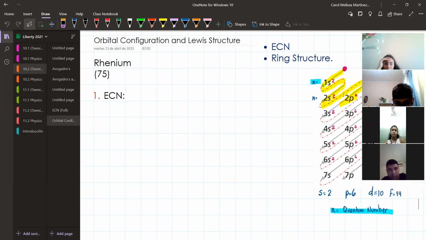Okay, so there I have 2 plus 2 plus 6. I have 10 electrons. I'm working like this because I just want to be a little bit organized. 1s2, 2s2, 2p6. I have the 10 electrons over there. Okay, and then I continue. 3s2, 3p6, 4s2, sorry.